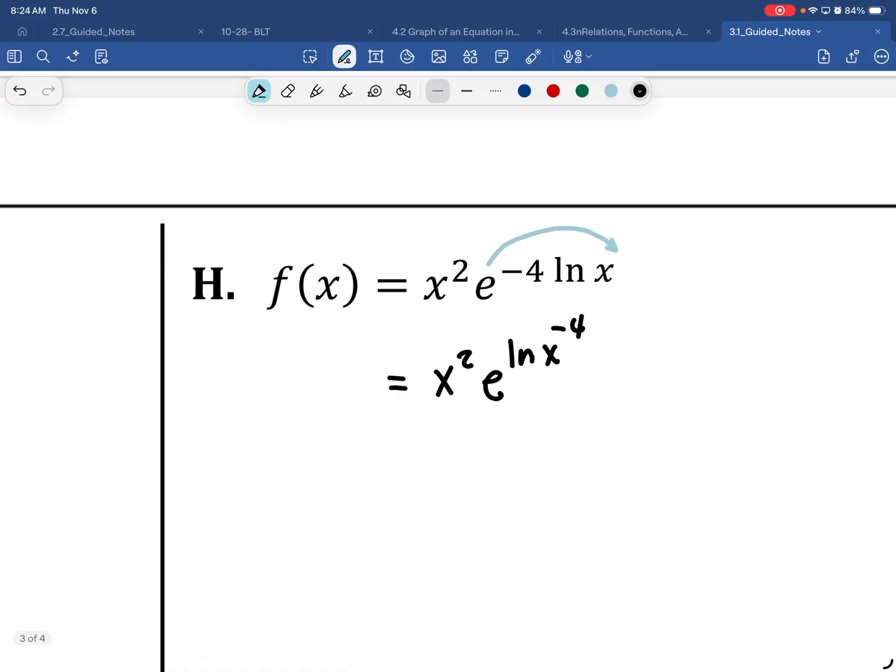And then I'm going to use the inverse property. It's the fact that e is the mathematical opposite of ln. That property allows me to do this. Those cancel. And so now my problem says x squared times x to the -4. Well, I know how to work that out.